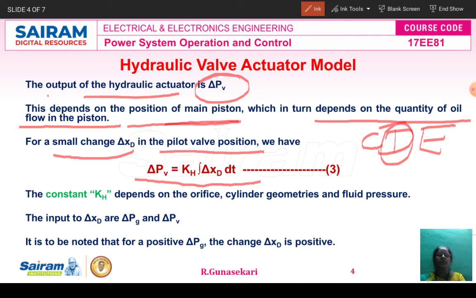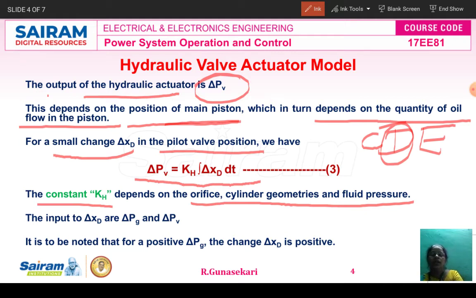This is equation number 3. In equation 3, the constant KH depends on the orifice, cylinder geometries and fluid pressure only.